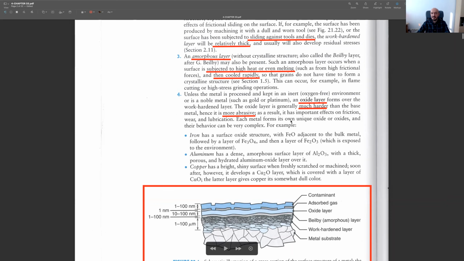And these oxide layers usually have higher hardness values than the parts below. Their hardnesses are much higher. And due to these high hardness values, they are more abrasive and they can withstand higher impact forces.